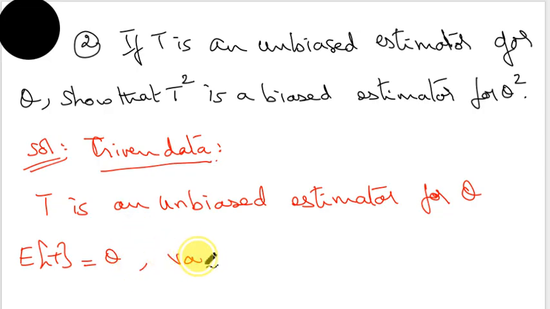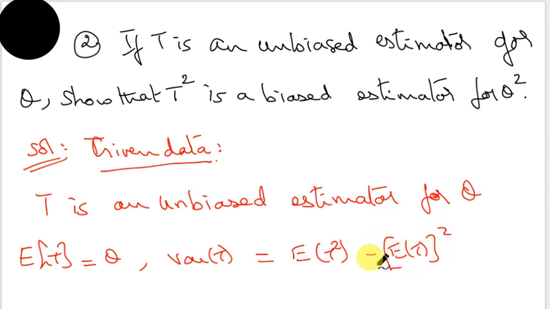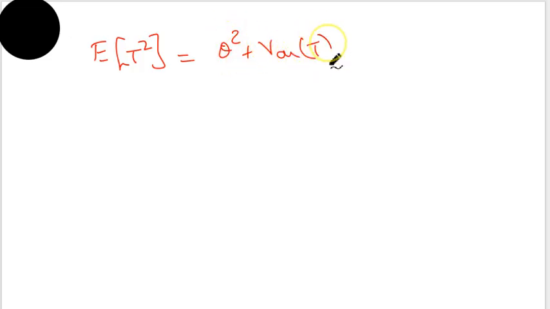My variance of T is equal to E of T squared minus E of T the whole squared. So this is nothing but E of T squared minus theta squared. So my E of T squared is now turning out to be theta squared plus variance of T.